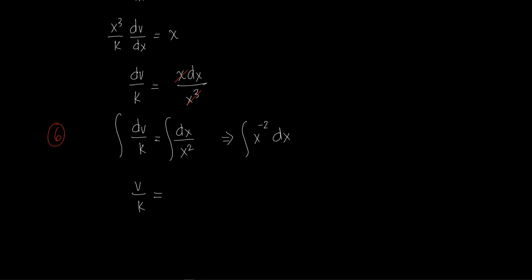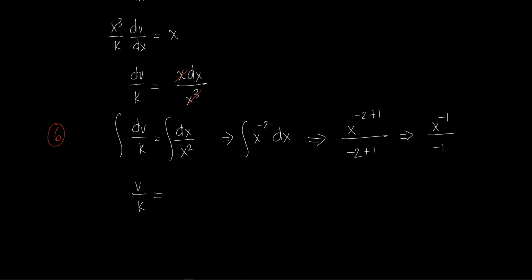So, power rule nito is mag plus 1. Then, x to the power of negative 2 plus 1, then yun din sa baba, negative 2 plus 1. So magiging x to the power of negative 1 over negative 1. Ito is negative 1 over x.